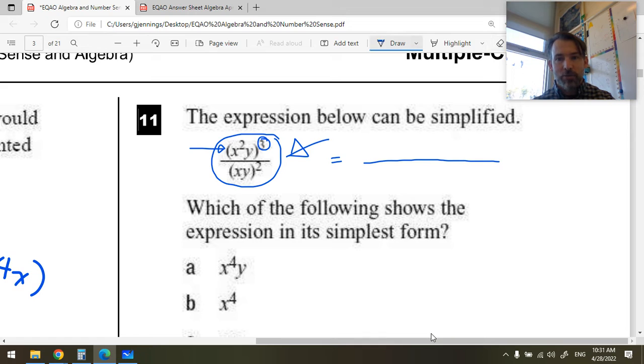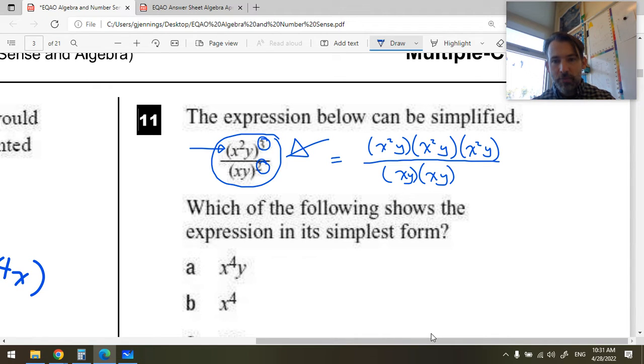I will give myself some space, and I will say this is x squared y multiplied by x squared y multiplied by x squared y on top. Okay, that's cubed. That's multiplied by itself 3 times. All over xy. Oh, that's the way you draw y, Mr. Jennings. And then xy. That's xy multiplied by itself 2 times.